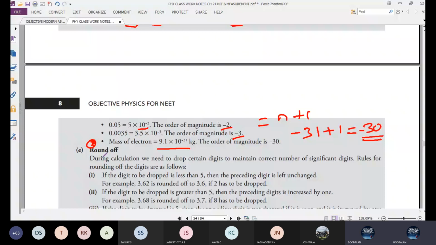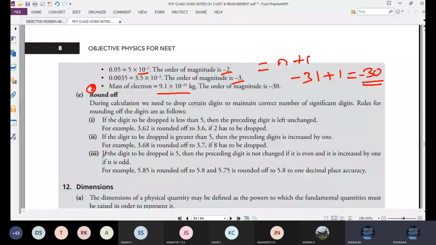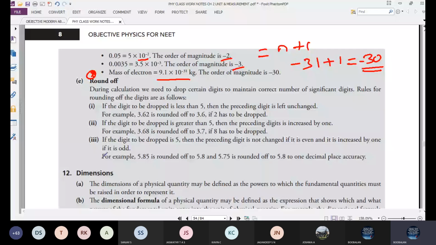Okay. So next one, roundup. So why are we using roundup? Because it is easy to understand. 2.99999 it is there.